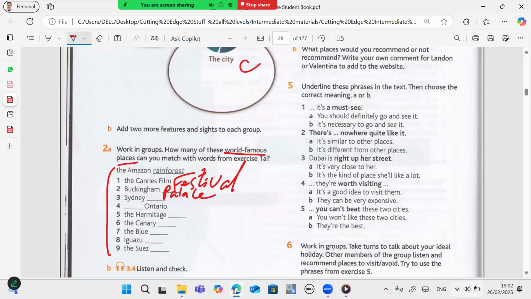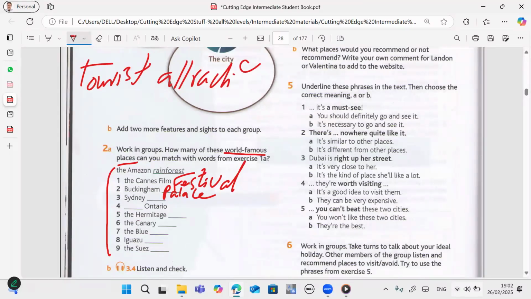And one more. One of the most tourist attraction destinations in London. Tourist attraction destination.